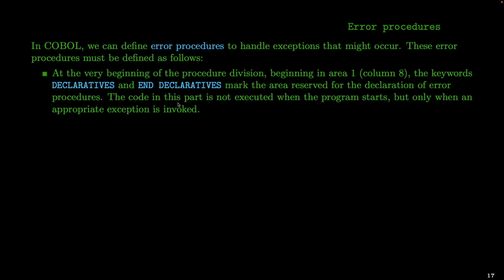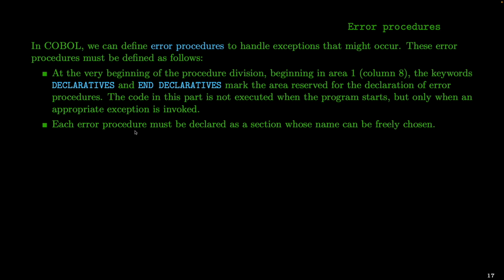And the code in this part, so the code between these two delimiters here, is not executed when the program starts, but only when an appropriate exception is invoked. And the error procedures must be declared as sections between these two keywords here, and the names can be chosen freely.